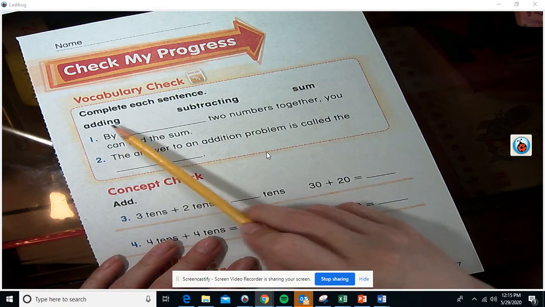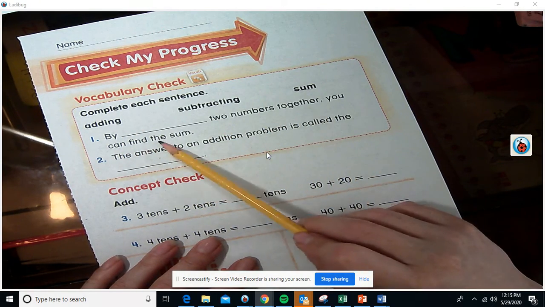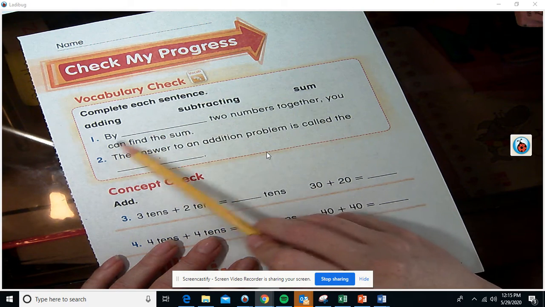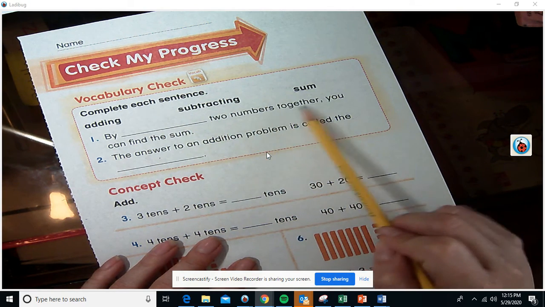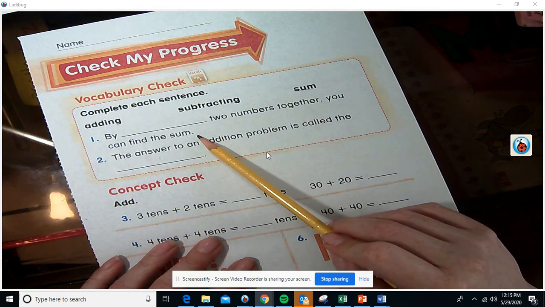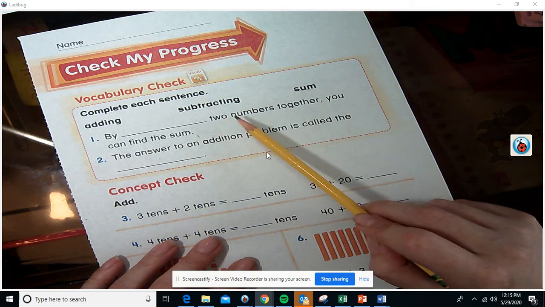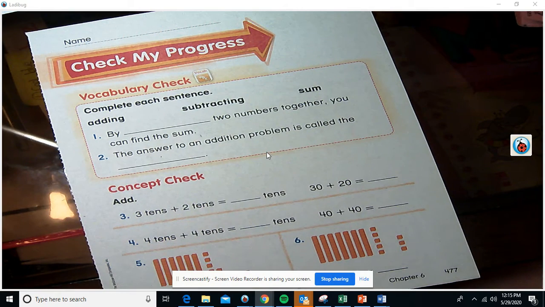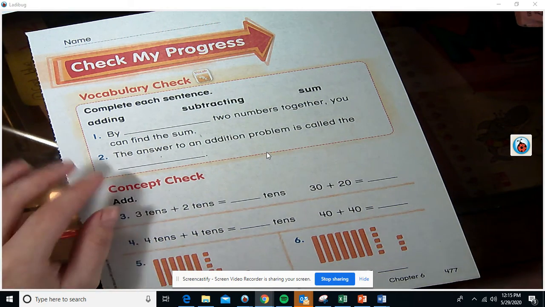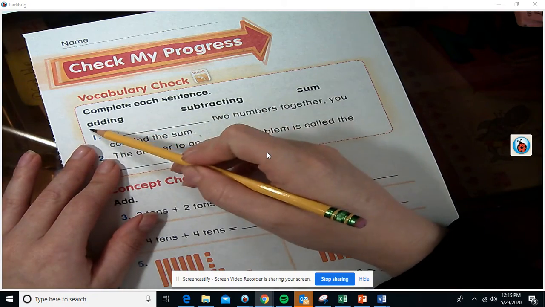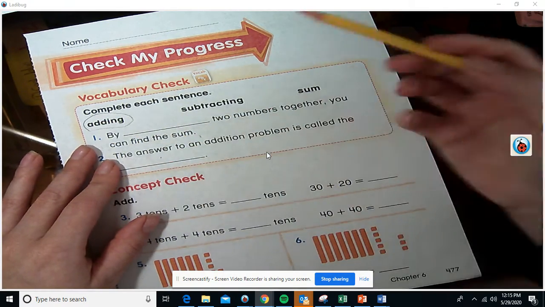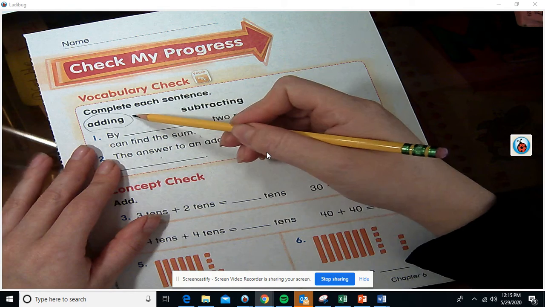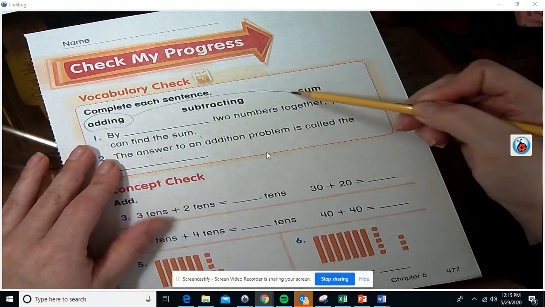So by adding two numbers together, you can find the sum. By subtracting two numbers together, you can find the sum. Or by sum two numbers together, you can find the sum. Which one fits better? Which one makes more sense? So we know that adding and sum are pretty similar.